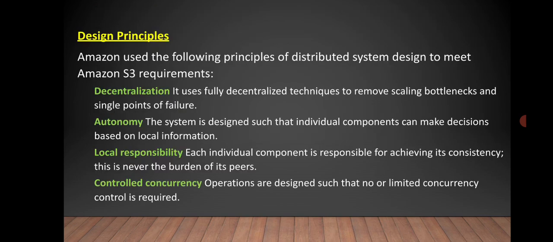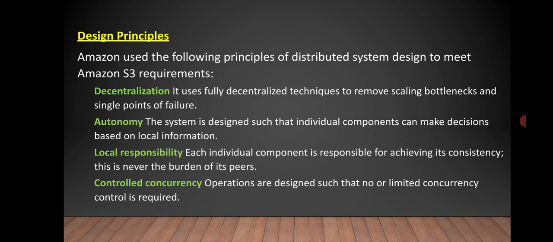Let's see about the design principles. Amazon used the following principles of distributed system design to meet the Amazon S3 requirements: decentralization, autonomy, local responsibility and controlled concurrency. Decentralization: it uses fully decentralized techniques to remove scaling bottlenecks and single points of failure. Autonomy: the system is designed such that individual components can make decisions based on local information.